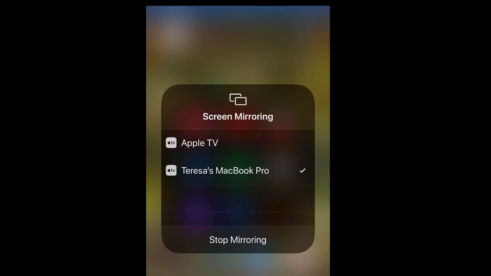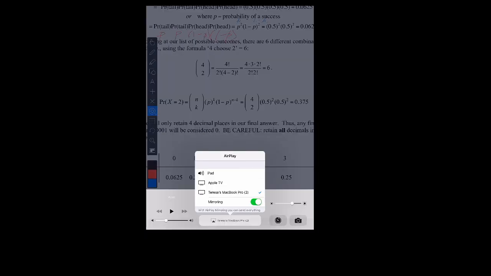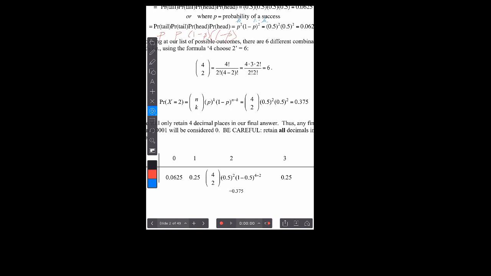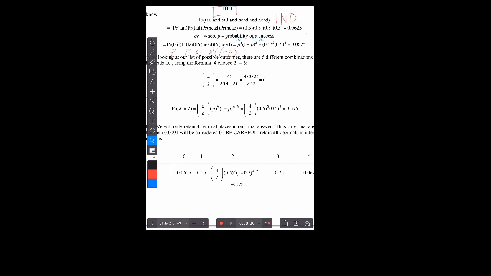Okay, I'm going to go back to my iPad. So this means nCr is n choose, C for choose, 2.